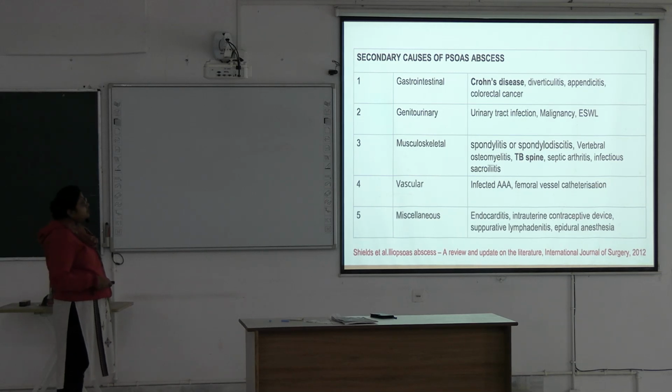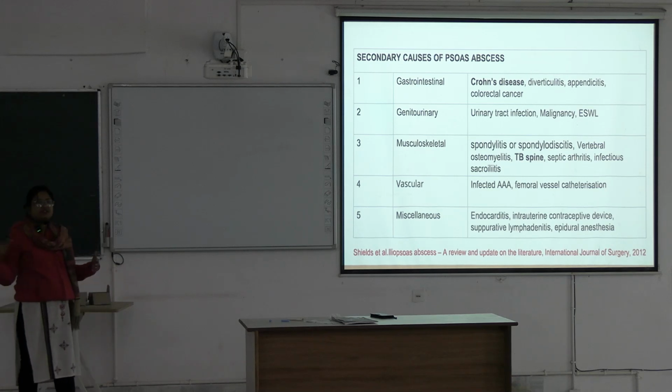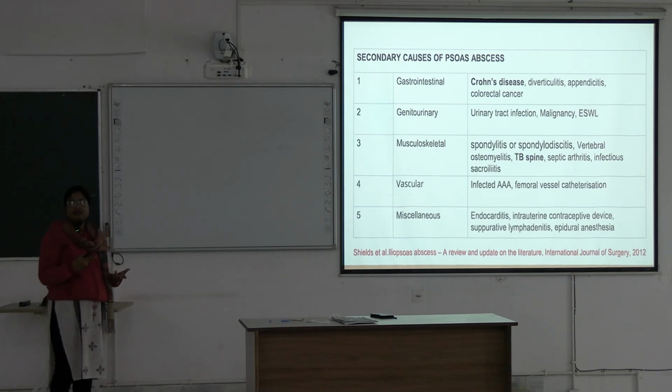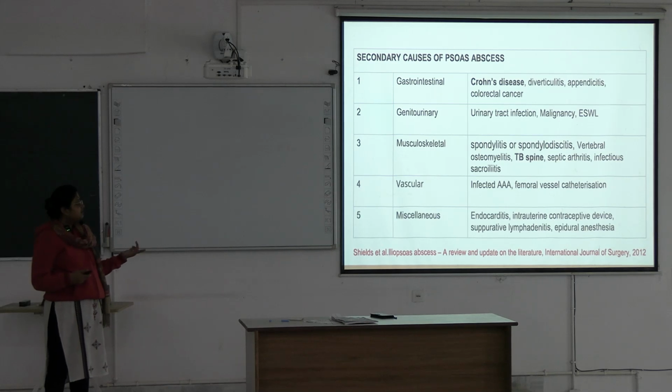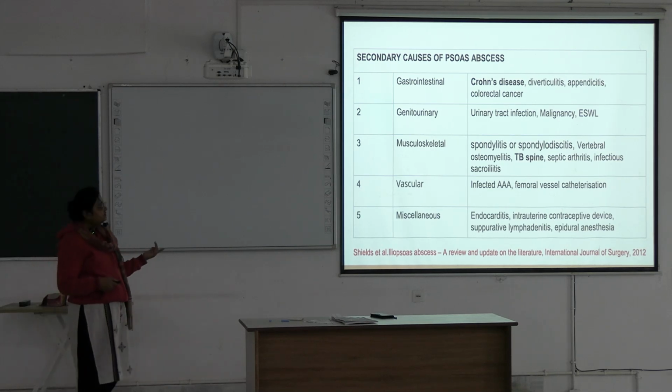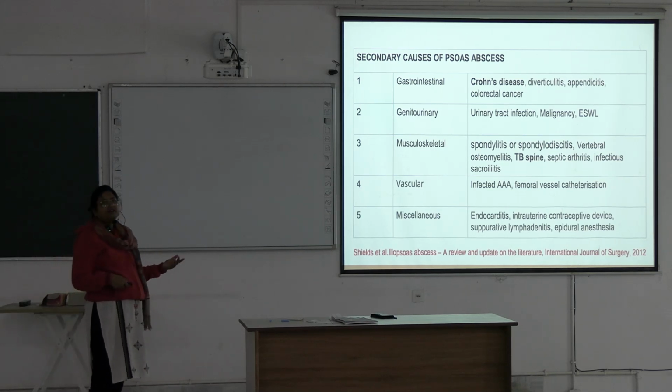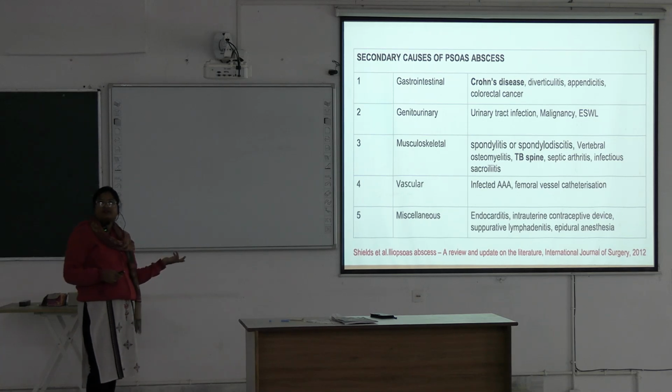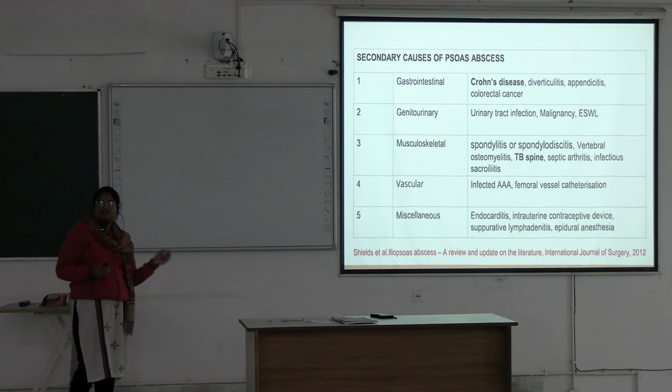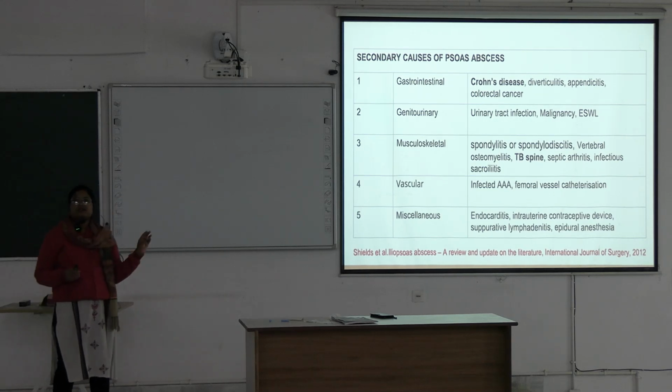These are causes. The IUD, intrauterine contraceptive device, is sometimes pierced through the uterine wall. A common example is the copper T. It is inserted postpartum, and during the postpartum period the wall of the uterus is very thin and very weak.